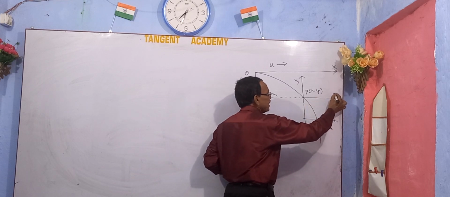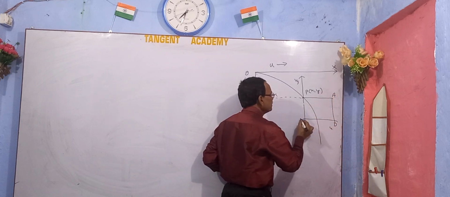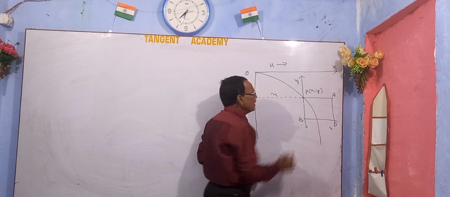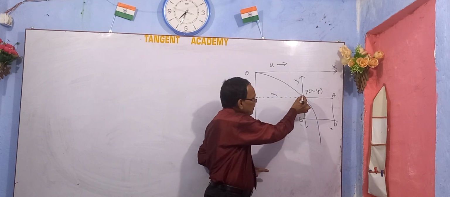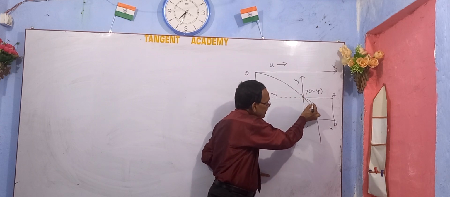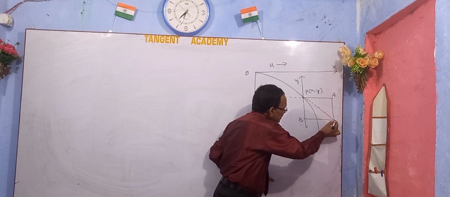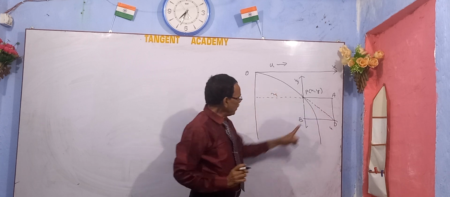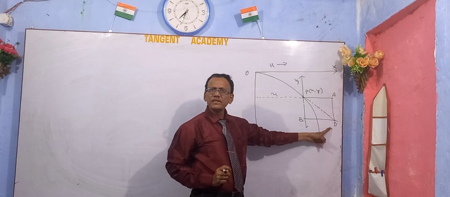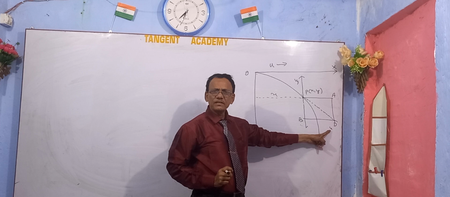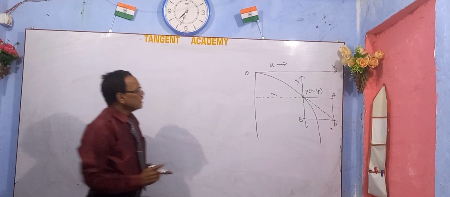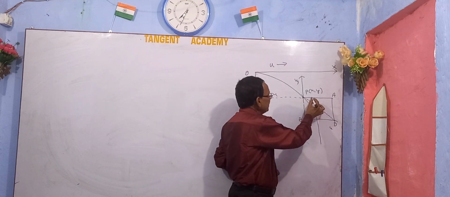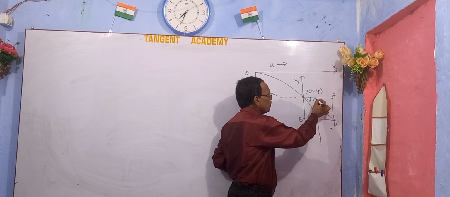Let these points be A, D, B. Let us draw at this point the tangent, so that it forms the diagonal of the square. Let the tangent make an angle beta with the horizontal.